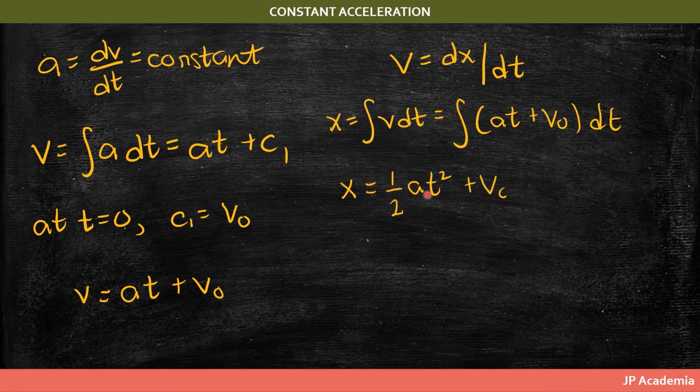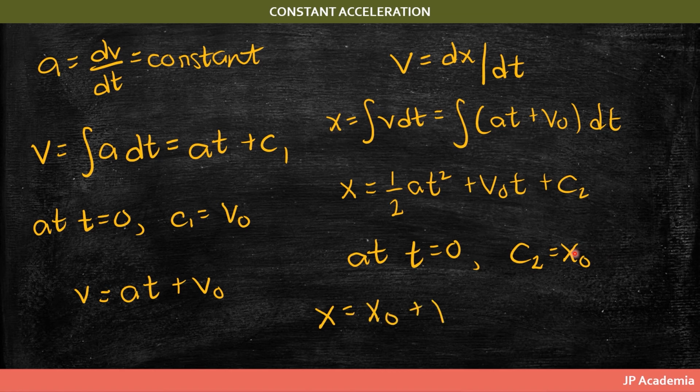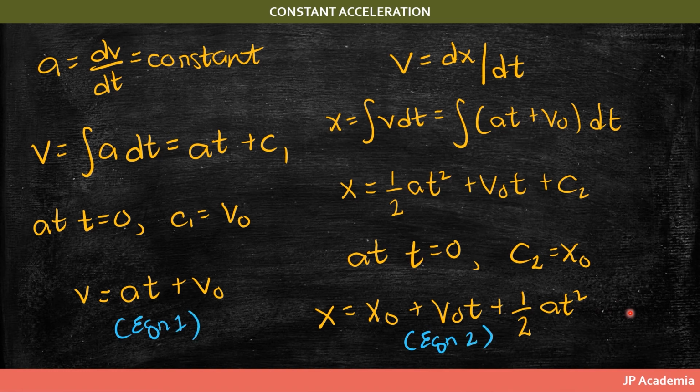Therefore we can write displacement x as 1/2 at squared plus v naught t plus c sub 2, which is just a constant. We can get that constant at t is equal to 0. So c2 is your initial displacement x naught, which sometimes we assume to be 0. And therefore, we have these two expressions for constant acceleration.